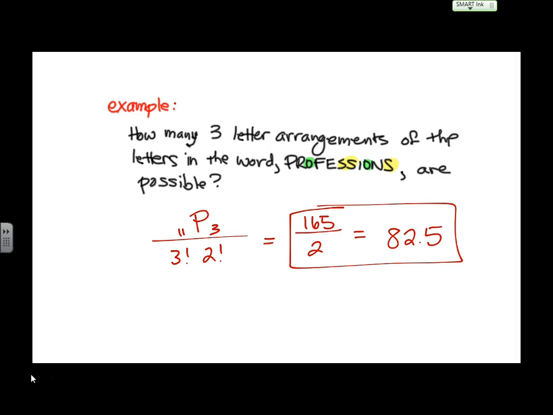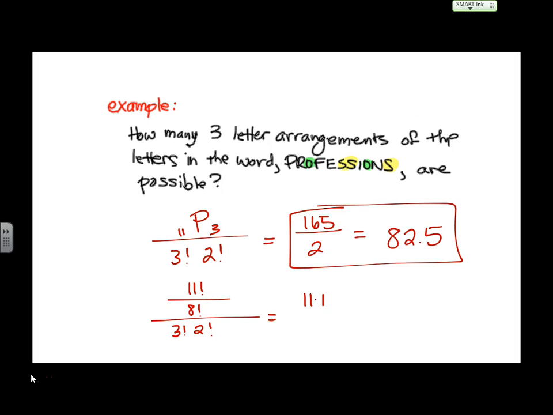Is probability an exact science? That makes no sense. Is probability an exact science? We can double check it because this one actually isn't too bad to do by hand. You have 11 factorial all over 8 factorial. If you did that by hand, you get 82.5. You cut one of the pieces in half.